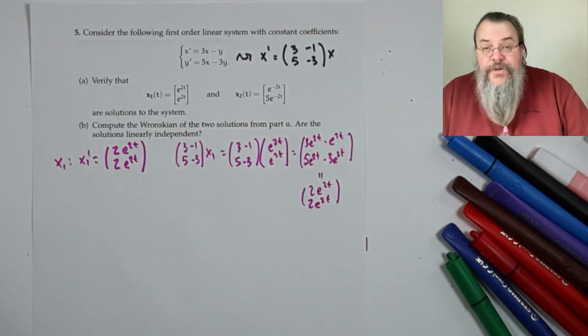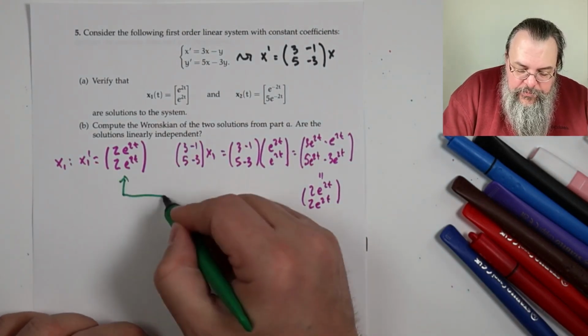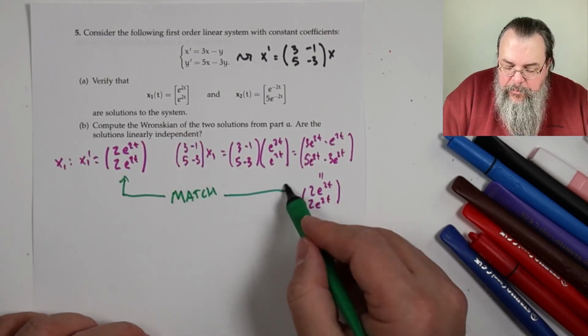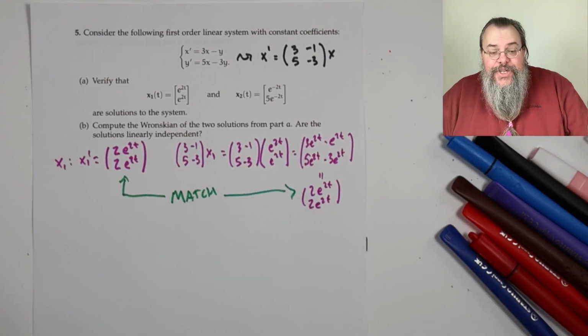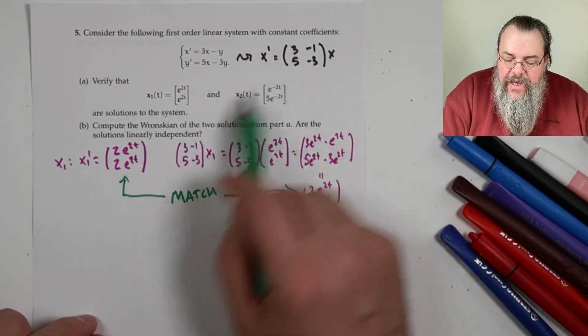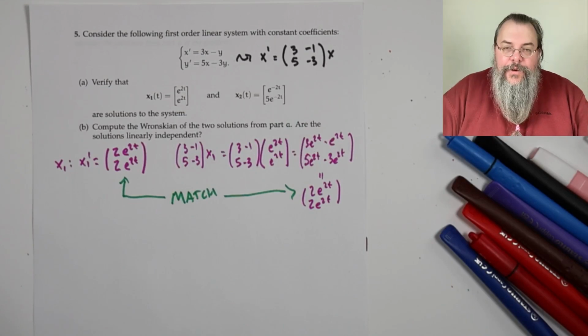And here's the important thing to say: these two things match. Matching means it's verified. So in other words, you plug this into both sides, you get the same answer. That verifies the equality.